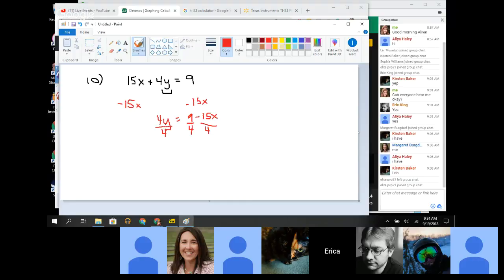Another way that you might have done this in algebra, as a side note, is that you could also multiply by the reciprocal.